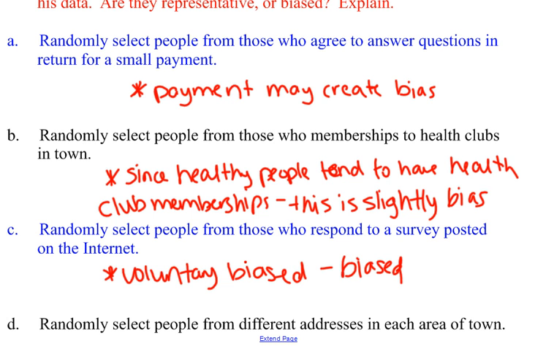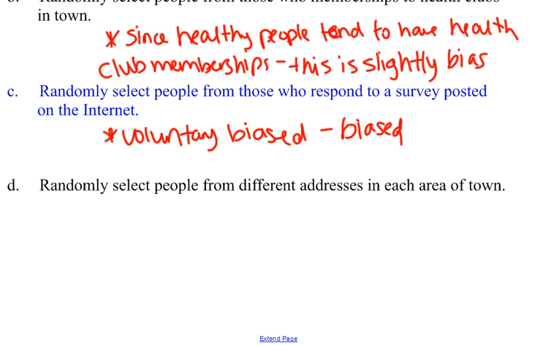And then, last one, randomly select people from different addresses in each area of the town. If I randomly select different addresses from each area of town, because they said each area of town, think about if they just picked all addresses from the same area of town. Different areas of town can have different types of people, don't they? In your neighborhood, people probably make the same income as your family. It tends to be.